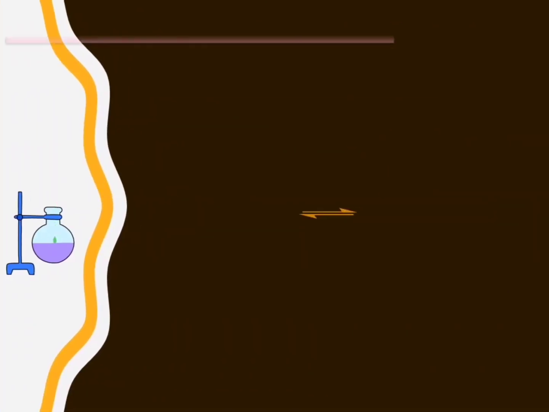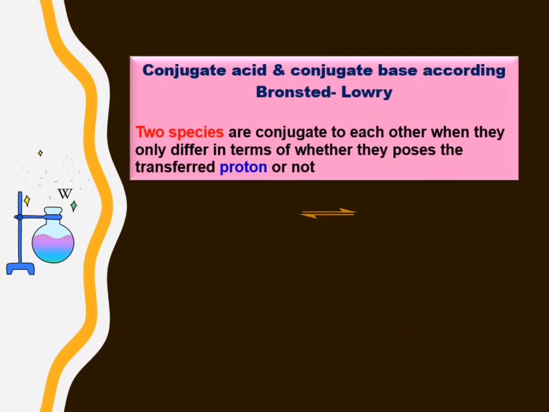Alright? Okay, next we look at the conjugate acid and conjugate base according to Bronsted-Lowry. Just now, we know that Bronsted-Lowry acid is the substance that donates H+, while Bronsted-Lowry base should accept the H+. If you understand about that, you can understand about conjugate acid and conjugate base.